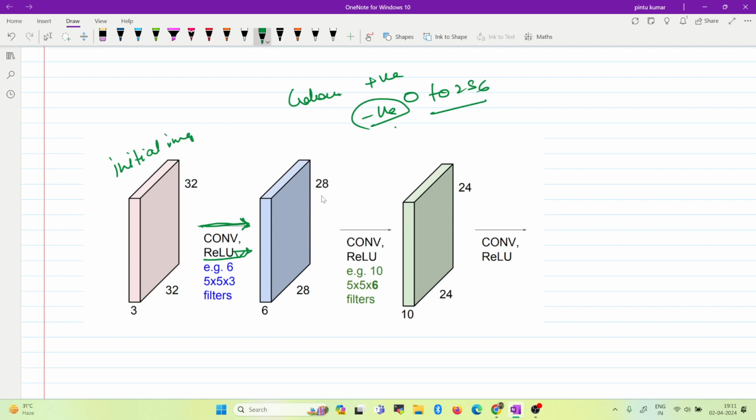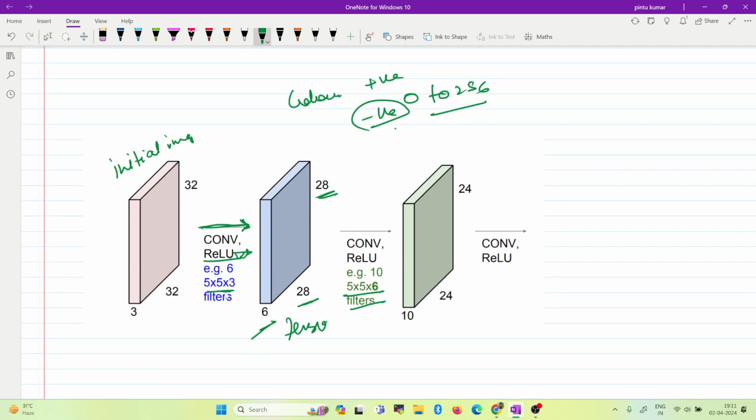So from there we did a convolution layer to obtain a 28 cross 28 cross 6 tensor. Then we again applied a 5 cross 5 cross 6 filter. Earlier we applied a 5 cross 5 cross 3 filter because we had 3 channels, R, G and B. Now we have 6 channels, each channel corresponding to a filter in the previous convolution layer.